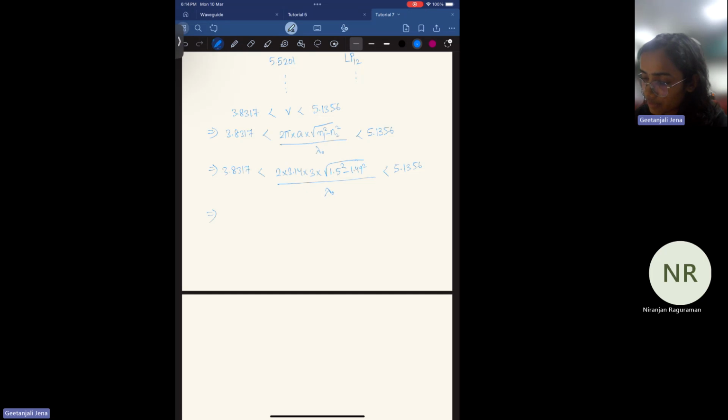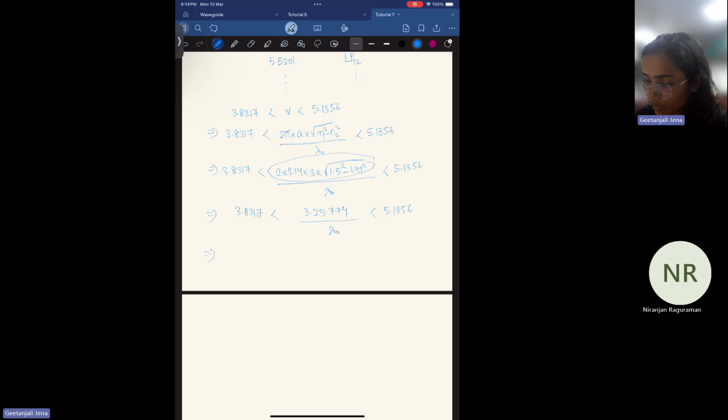So this will give lambda 0. This is 3.8317. The total value will come around, if you check, 3.25774 over lambda 0, less than 5.1356.